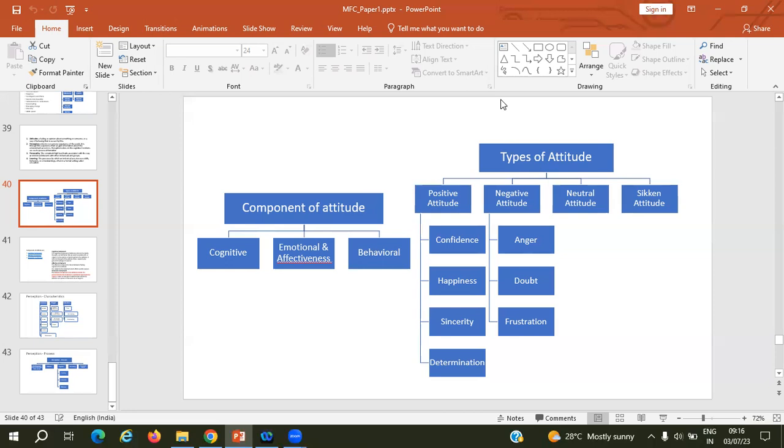First thing is component, how attitude is coming, then different types of attitude: positive attitude, negative attitude, neutral attitude, second attitude. So this is one behavior, one psychology which impacts your organization attitude.